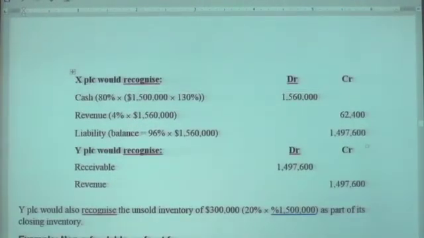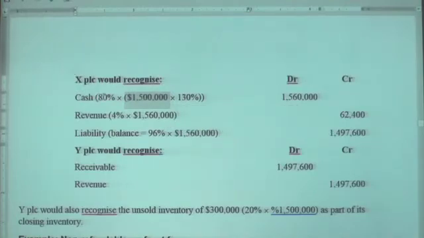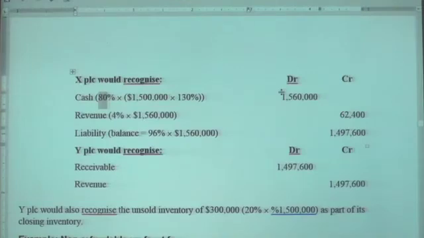You received 1.5 million goods as X. Got it? You will sell by adding 30% margin. Therefore, it needs to be multiplied by 130. Clear? Out of that, you sold only 80% and you collected cash. Therefore, your cash book as X: debit 1.56 million. Clear? But it is not your revenue.